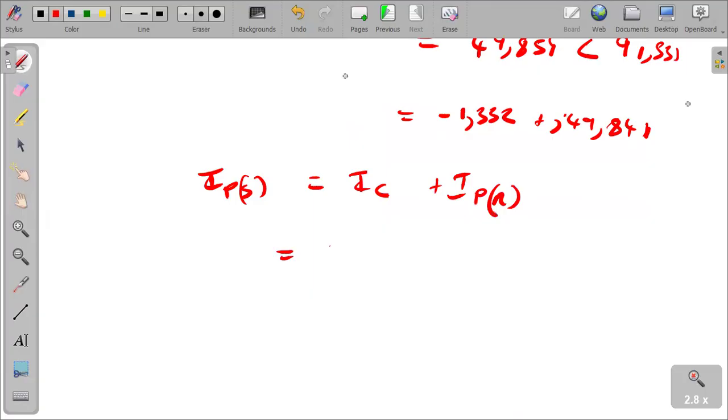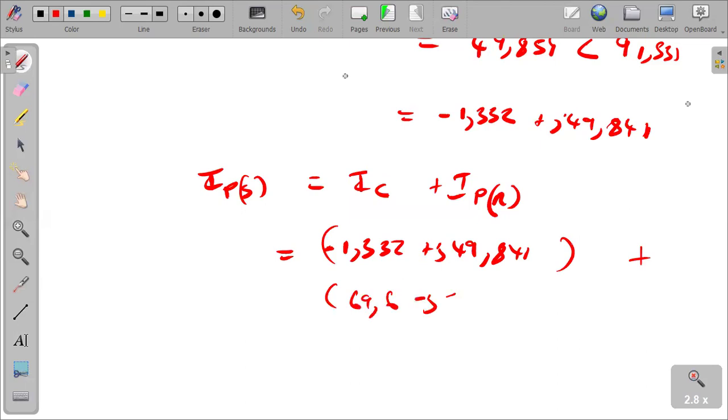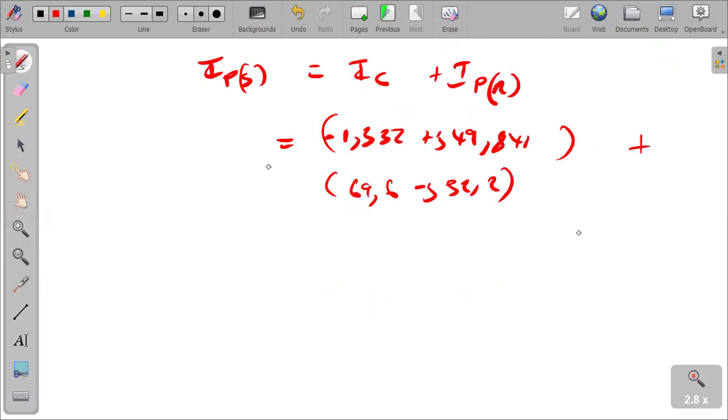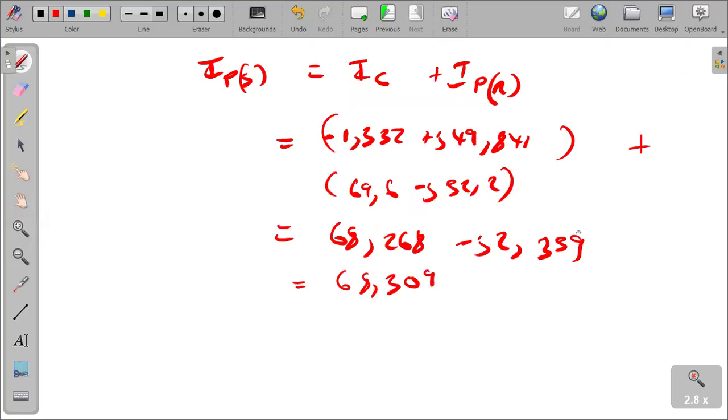So it's minus 1.332 plus J49.841, plus 69.6 minus J52.2, and that will definitely give us 68.268 minus J2.359, which is equal to 68.309 angle of negative 1.979 amperes.